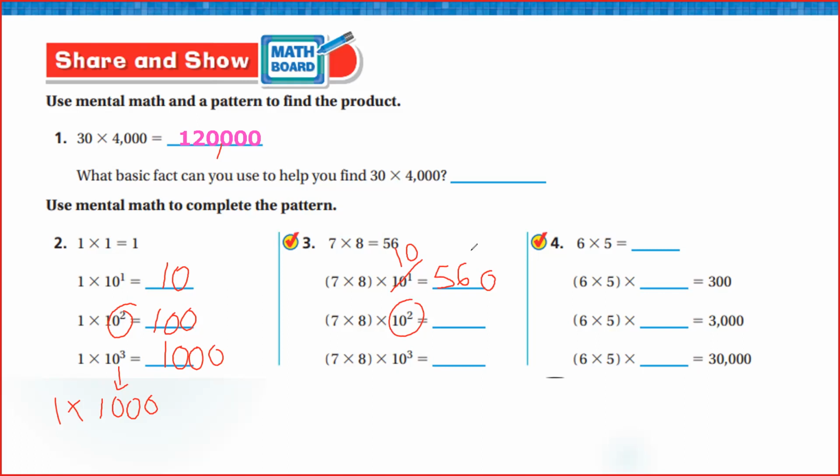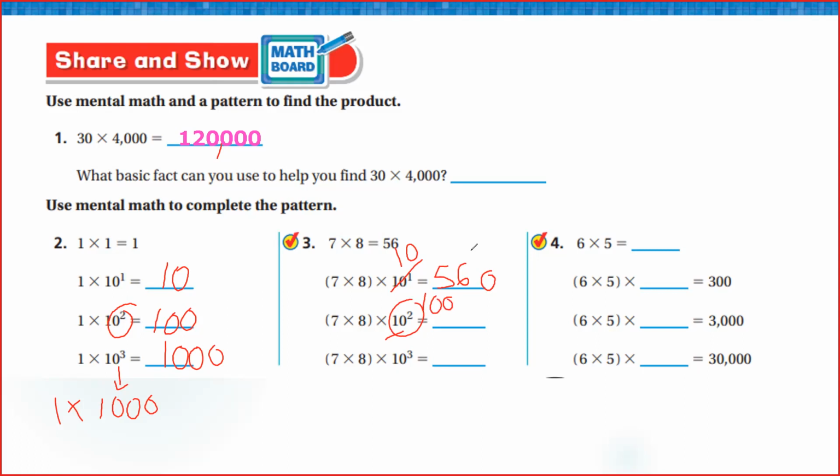Lana, 10 to the power of 2. Yes, Lana. It means it will be 1 and 2 zeros, which is 100.